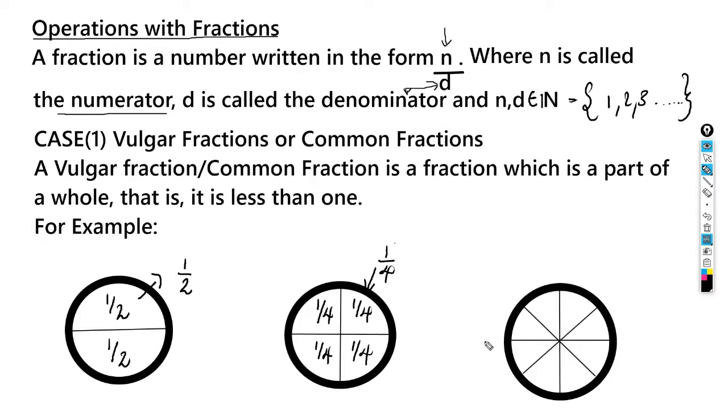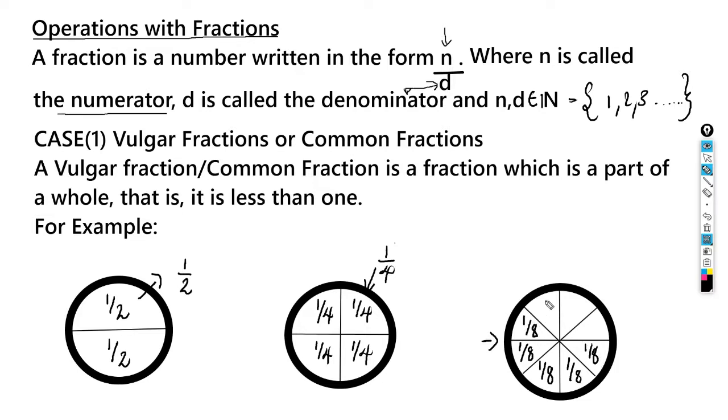Okay, so let's look at this one. Here we have 8 slices, so it's set up sort of like a pizza. It's cut into 8 slices, and if this was a pizza, 8 persons would be able to get a slice. So each slice is 1 over 8.